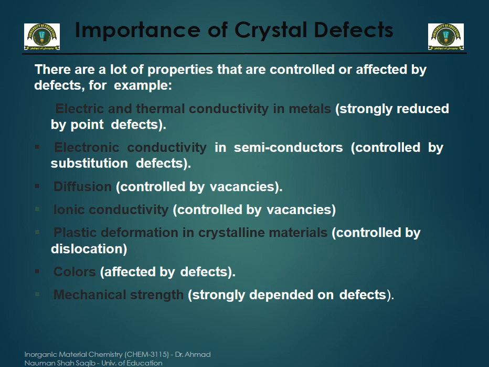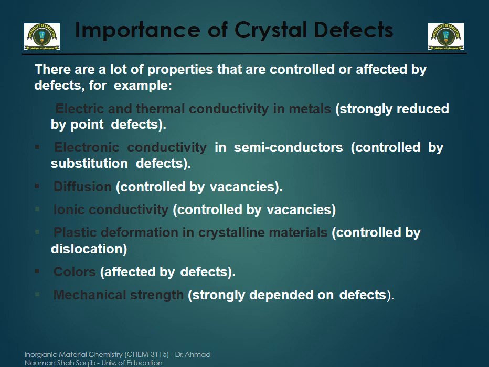Importance of crystal defects. There are a number of properties of crystals that are controlled or affected by defects. For example, the electrical and thermal conductivity in metals is affected by point defects, while electronic conductivity in semiconductors is controlled by substitution defects.